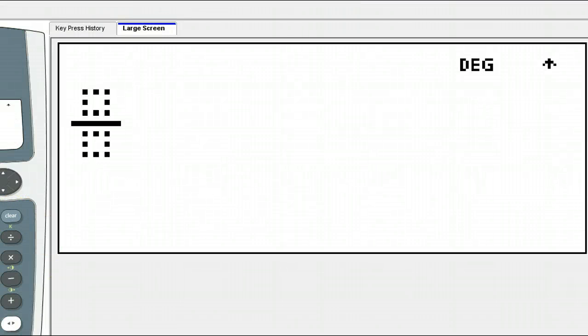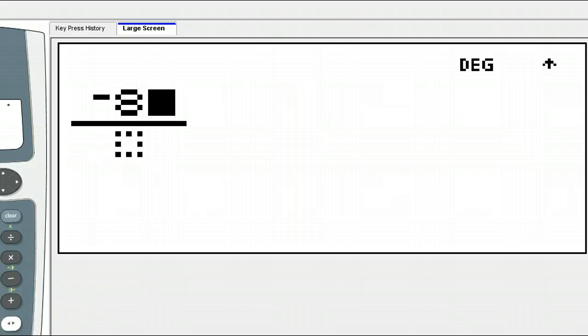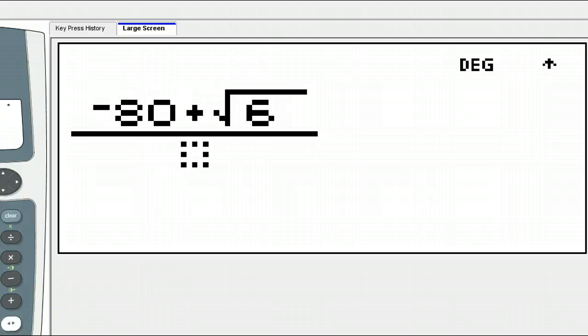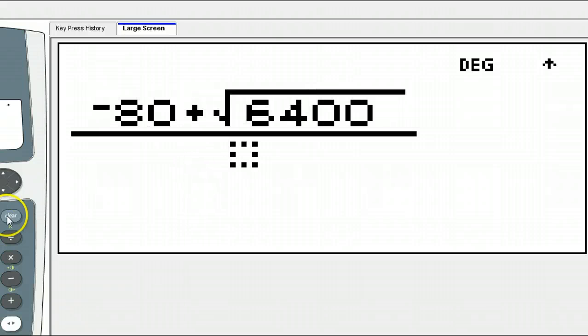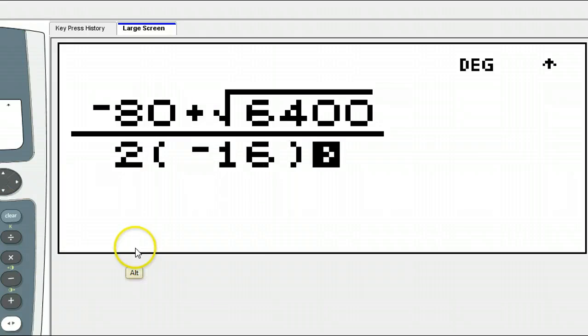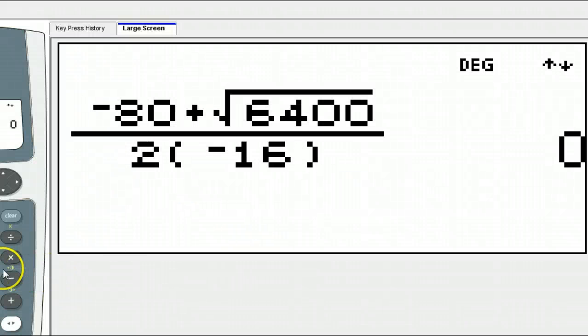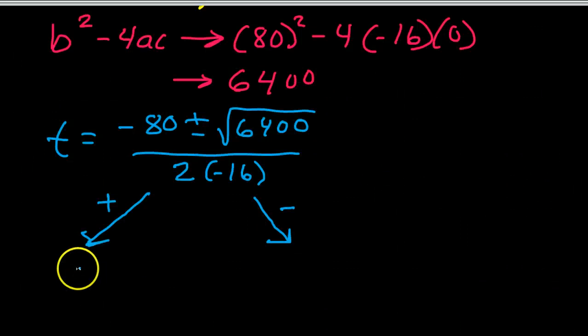Okay, so start off in fraction mode right from the beginning. So negative 80 plus the square root of 6,400 all over, alright, was this a negative 16 situation? Yeah. Alright, and just hit enter. So we get 0, as we knew we would.